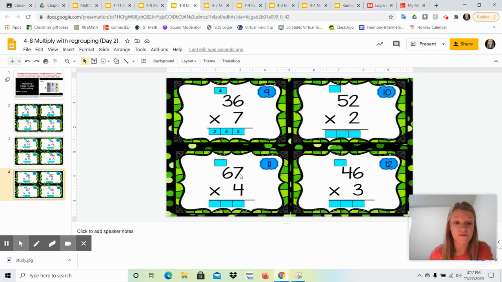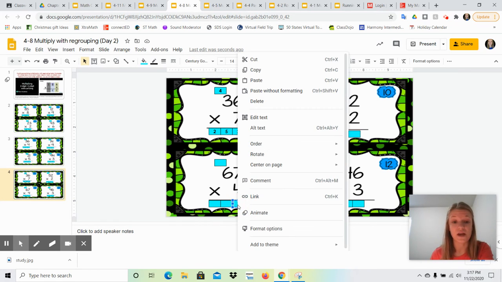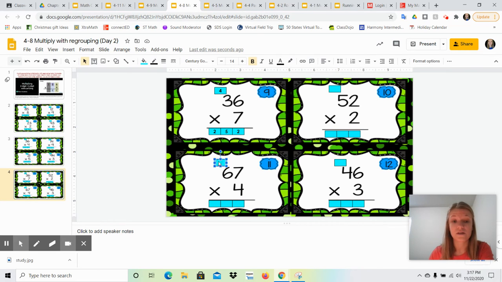Down here, number 11, I'll do 7 times 4 first, which is 28. Oops. So I need to write that in order, so 28. The 1 spot always goes in your answer, and the 10 spot always gets regrouped. 6 times 4 is 24, and then don't forget to add 24 plus 2 is 26.